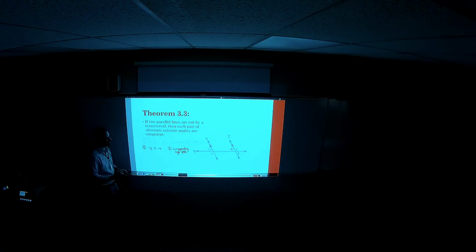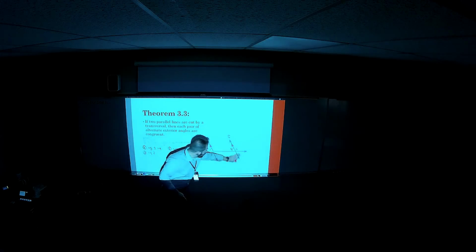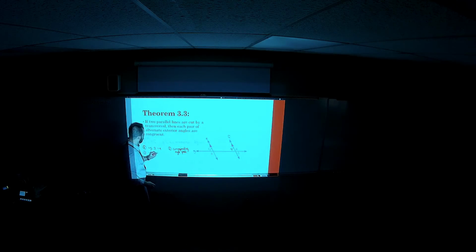Remember, the goal here is to show that 5 and 7 are the same. Okay, so we know that 5 and 4 are equal. Now, what can you tell me about angle number 4, looking at that picture? What is it equal to? What is 4 equal to? 7. Why? Vertical, right?